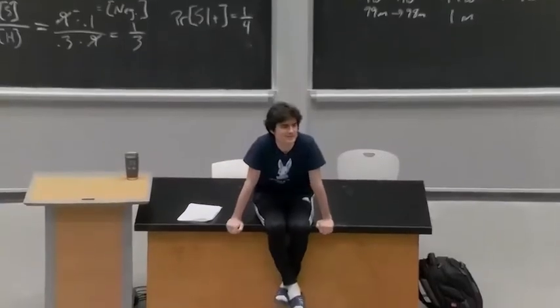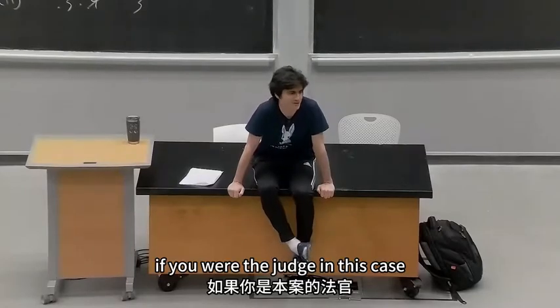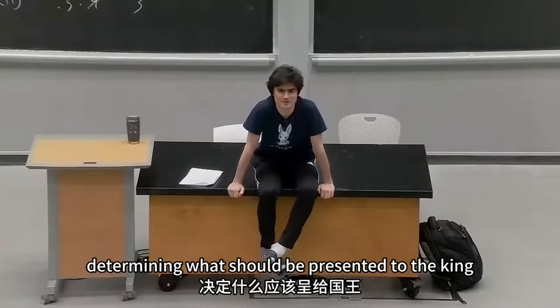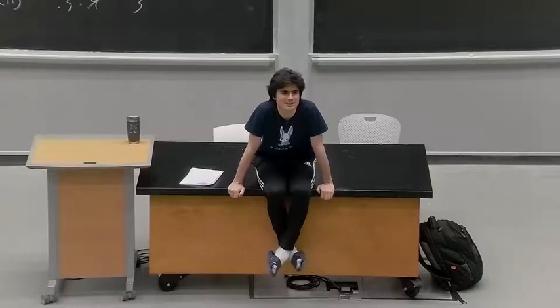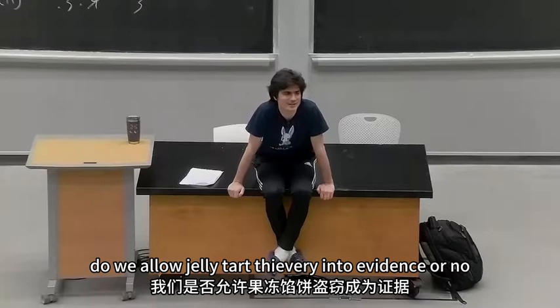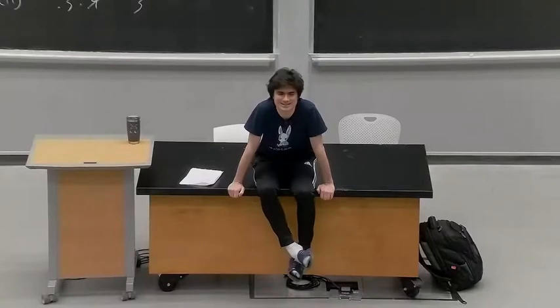Okay. So if you were the judge in this case, determining what should be presented to the king, what would your verdict be? Do we allow jelly tart thievery into evidence or no? Pardon?